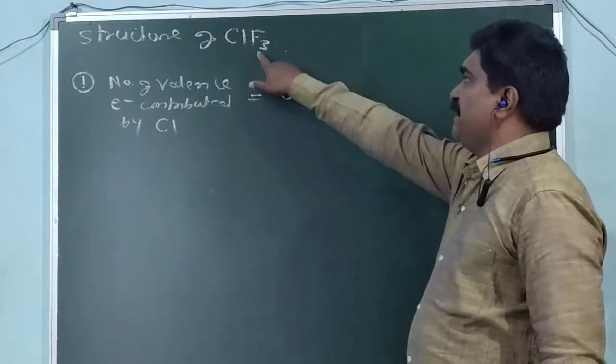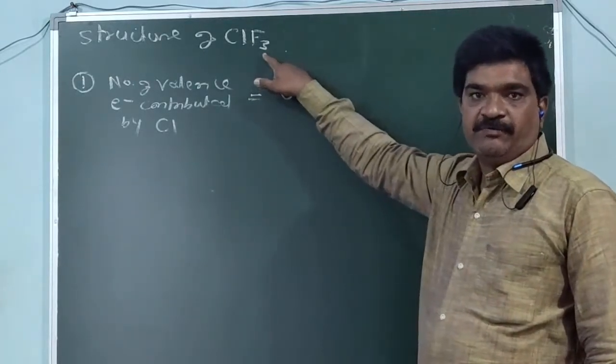Now for Cl-F bonding, each fluorine atom contributes 1 electron.